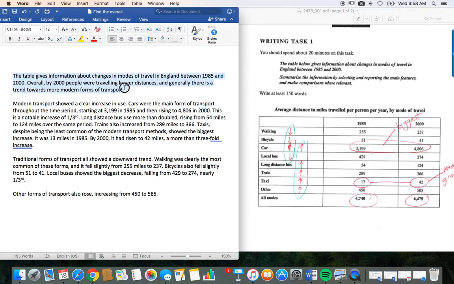Now for the first paragraph, I do something quite simple. Now here I have added this sentence here. It's about 16 words, and I've almost entirely copied it here. The reason for that is if you only make small changes, the examiner will possibly not count it in your word count. So if it's going to take you 3 minutes to paraphrase this, that's a waste of time.